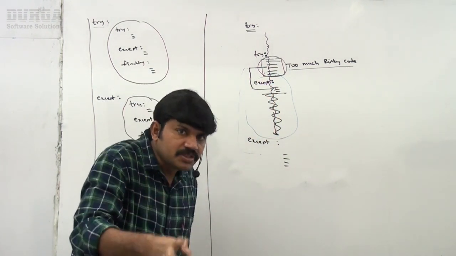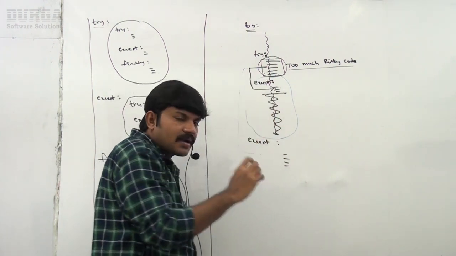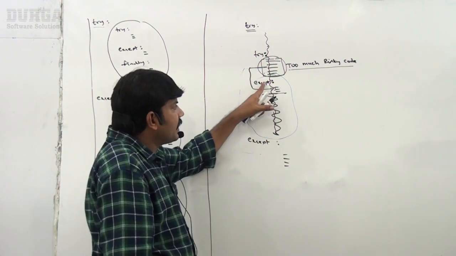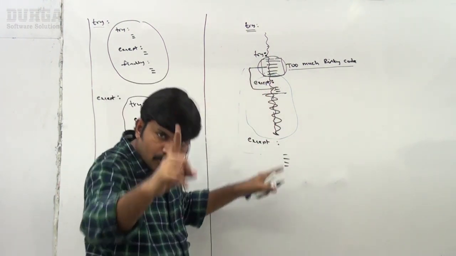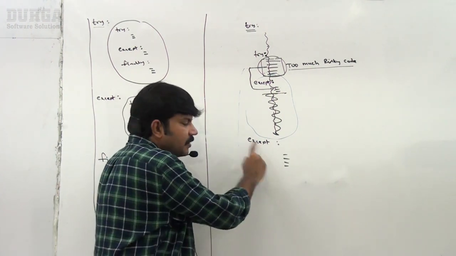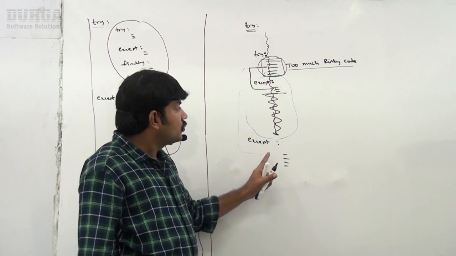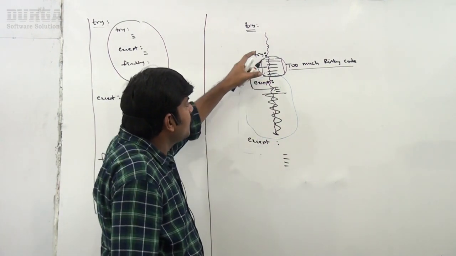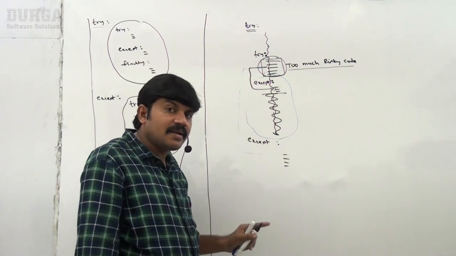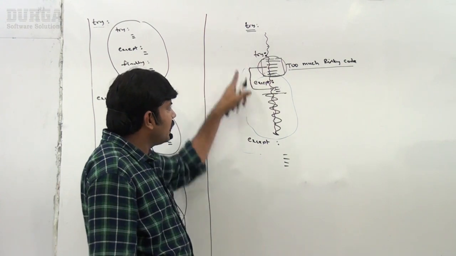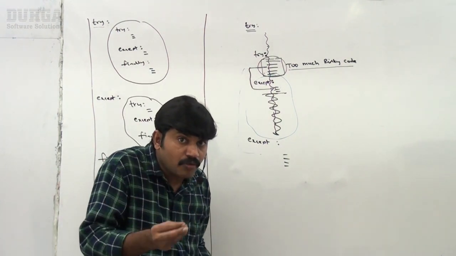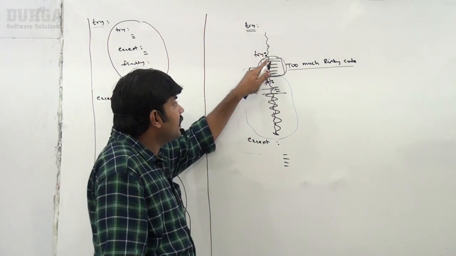If by mistake the inner except block is unable to handle it, no problem at all; the outer except block is responsible to handle it. So this is what you should be aware of: general risky code we take inside the try block, and too much risky code we take inside the inner try block.